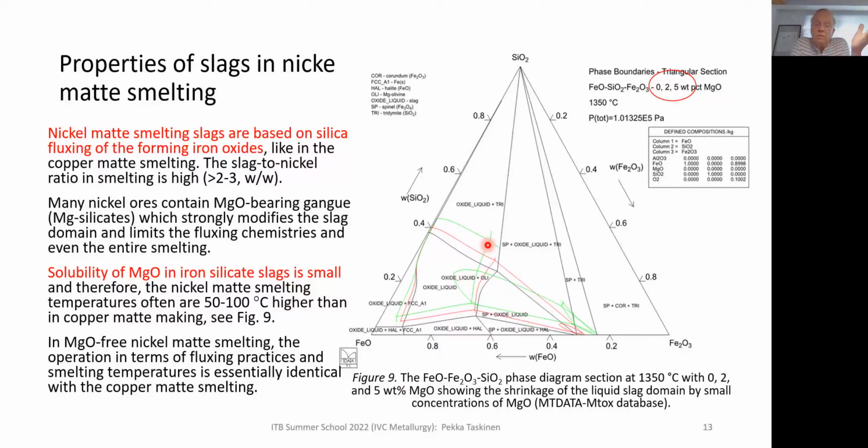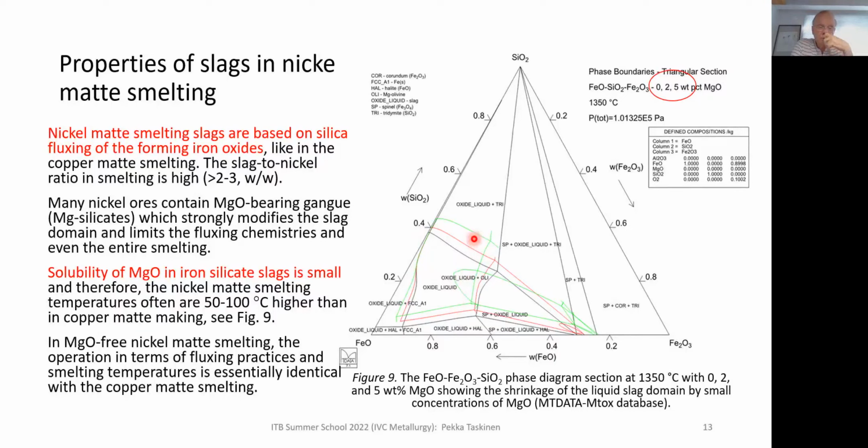So the available slag compositions which are fully fluid are much less when the magnesia concentration of the slag is increased by 2% up to 7%, and further on to 10%. So we would see here two separate domains of molten slag, one for low silica concentrations and one for higher.